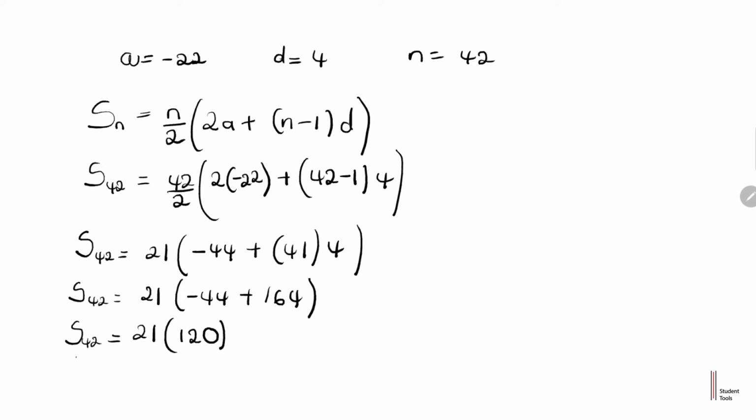So that means the sum of the 42 terms is equal to 21 multiplied by 120. When you punch it on your calculator, you will get 2,520. So that's the sum of the first 42 terms of the series. And that is just how we calculate that.